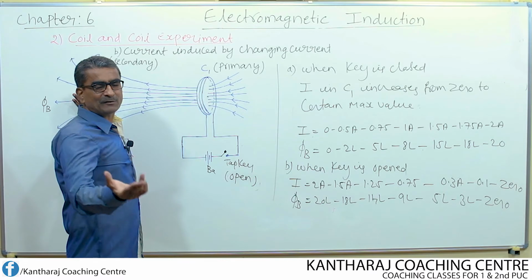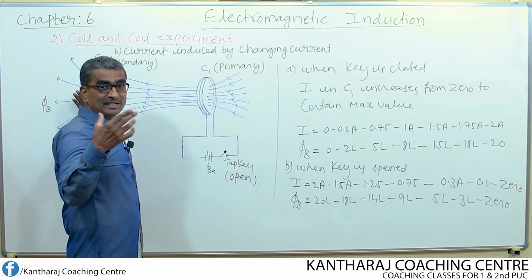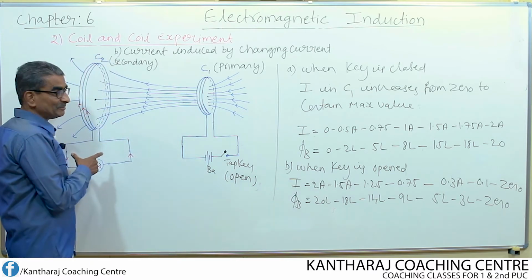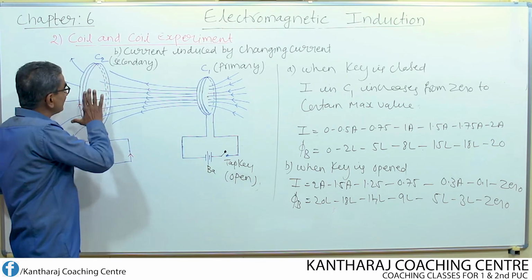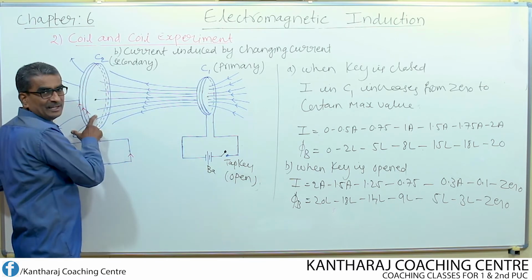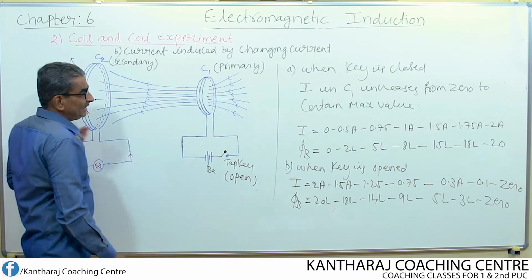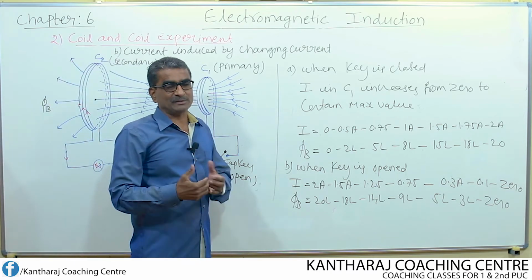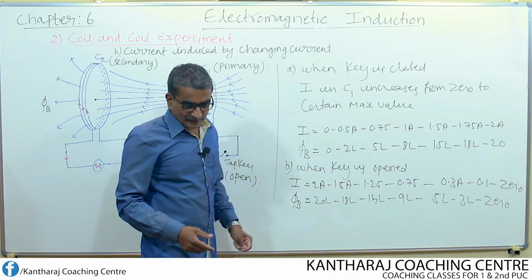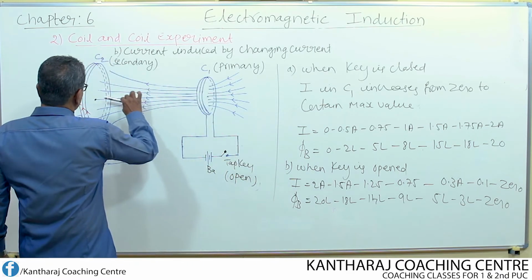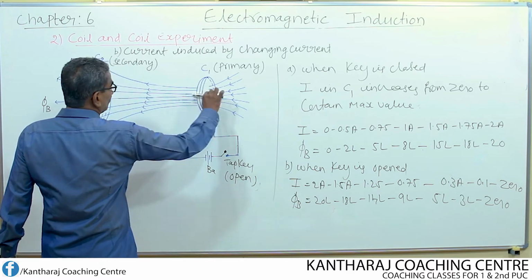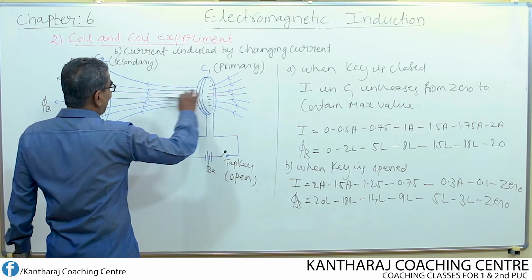If we increase the number of turns in the secondary coil, then a large EMF is induced in the secondary coil. And one more method, that means the third method. All that we need to do is keep one iron rod inserted through both the coils all along their axis.